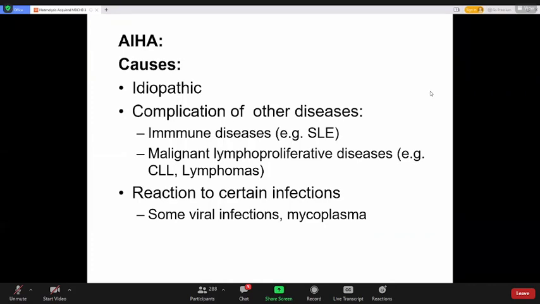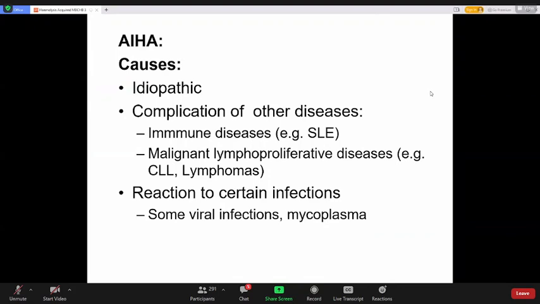And autoimmune hemolysis can also be associated with certain viral infections, where patients suddenly develop red cell hemolysis, which is immune-based due to production of antibodies against own antigens.